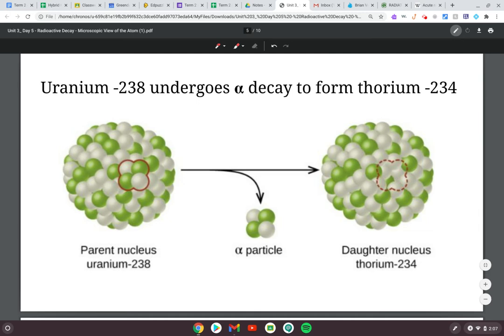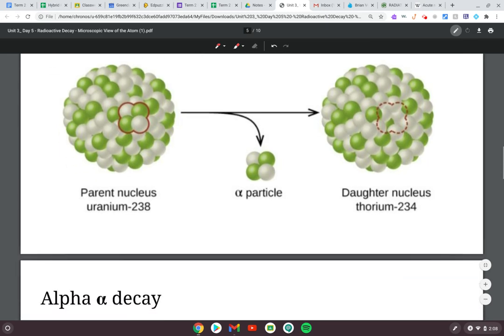The alpha particle is emitted, and the daughter nucleus, that is the nucleus that is the result after the alpha particle has been removed, is no longer 238, but 234. And if you look on the periodic table, you would locate thorium, which is number 90, and it would be right around 230-something in terms of its mass. So that's what happens with alpha decay.